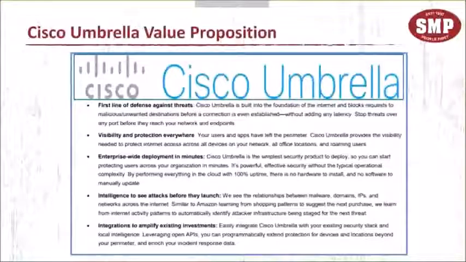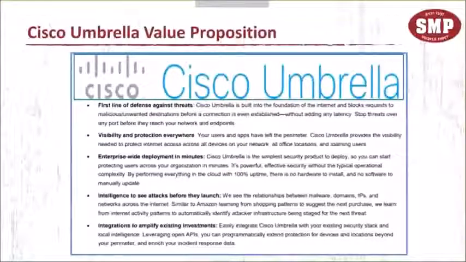Since the session is being recorded, and we can also share this deck with anyone interested, I'm not going to go through this step by step, but I wanted to display this so that I can go through each bullet point quickly, and then you can go back to the recording and read into each of the granular focuses of Umbrella.